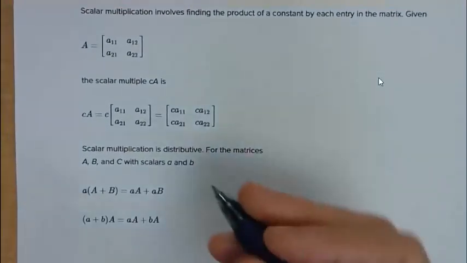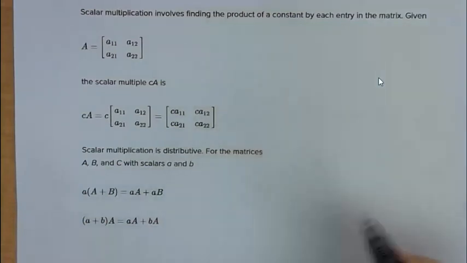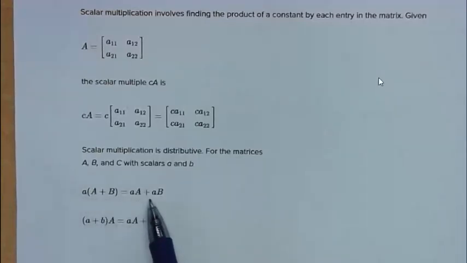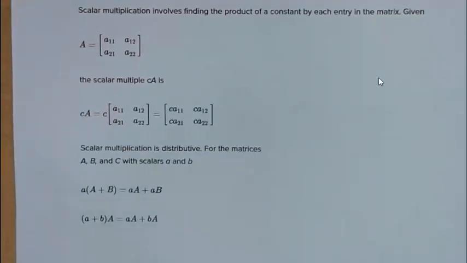If you have one matrix added to another and then multiply that sum by a number, it would be the same thing as multiplying each matrix by the number. And vice versa, you could add the two matrices together first and then multiply at the end, and that would be the same thing as the two scalar quantities being multiplied by the one matrix.